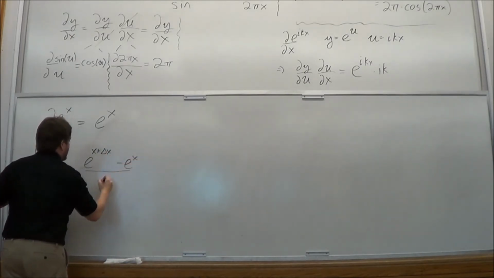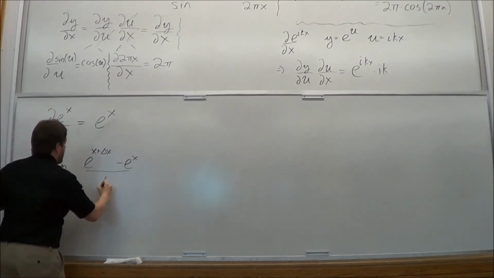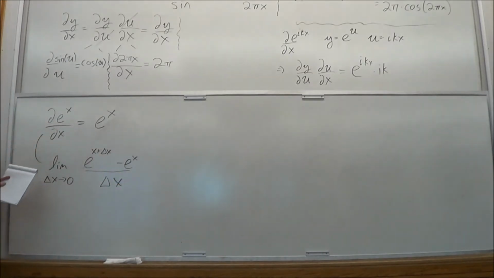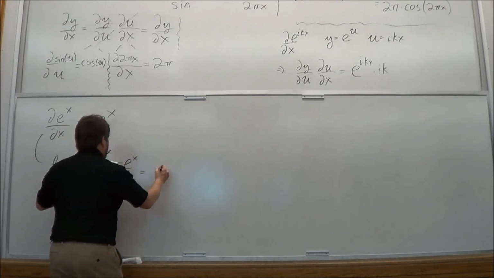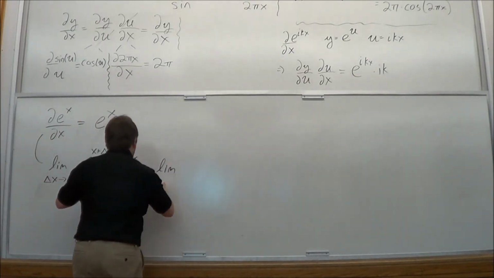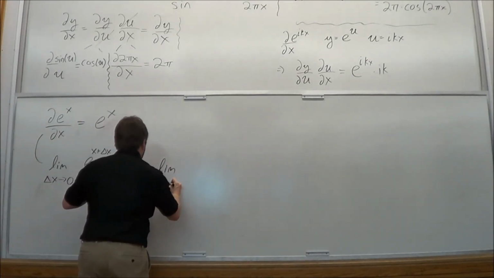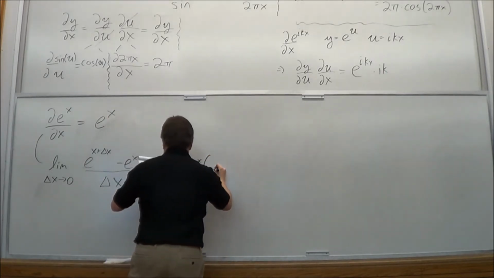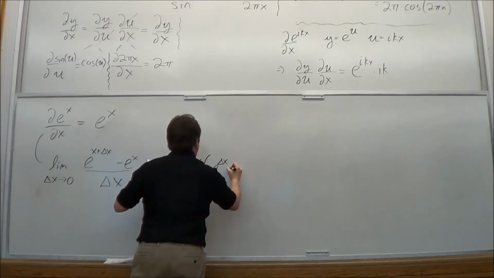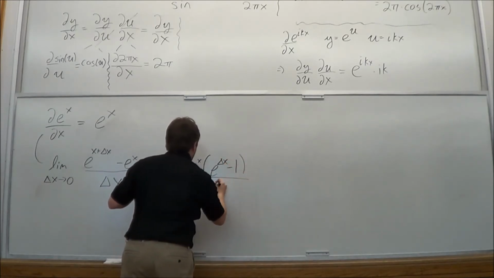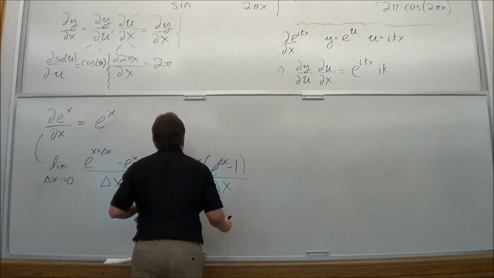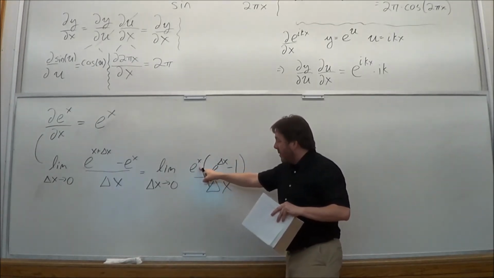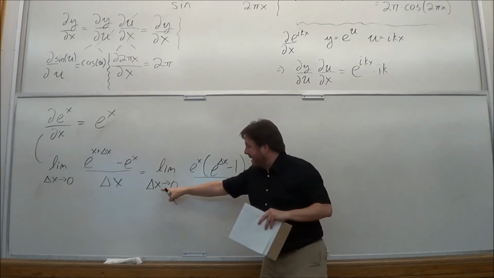So you see it's the change in y over the change in x. And this is equal to the limit, with a little bit of algebra, of e to the x times e to the delta x minus 1 over delta x. Now, e to the x is effectively a constant; the delta x is the thing that's changing.